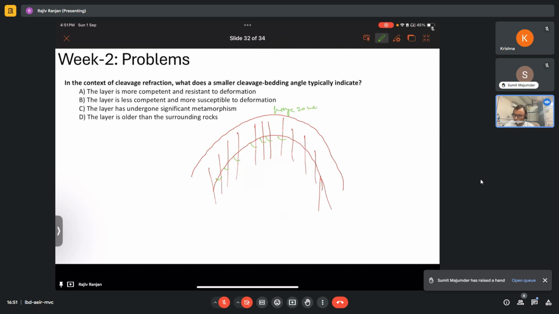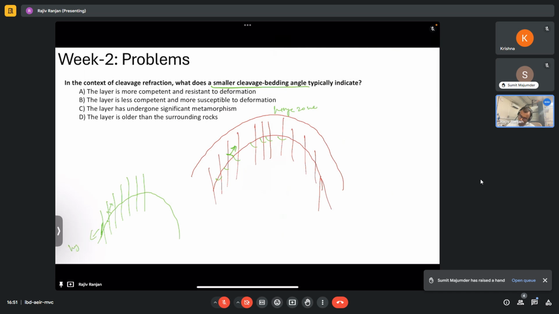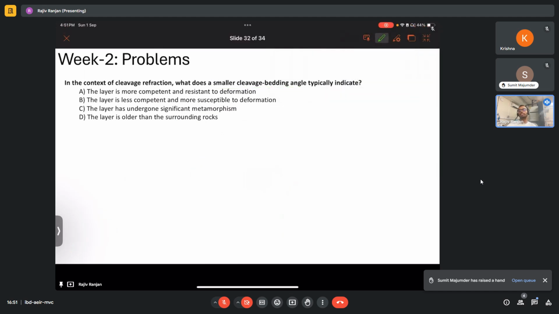So there is one beautiful relation of cleavage and bedding: the smaller angle gives us the direction of the hinge. Suppose you have these pervasive cleavages. The smaller angle direction gives you the direction towards the hinge zone, and the larger angle gives you away from the hinge zone. So we use the bedding cleavage relationship to indicate the hinge zone.